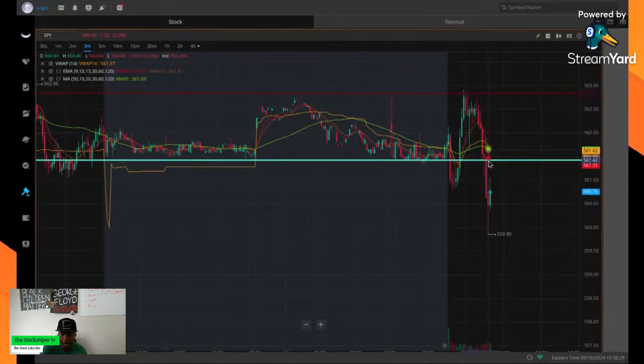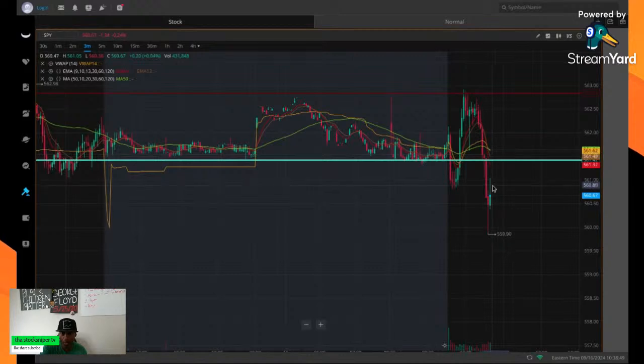This is the support, old support. I'm waiting to see if it's gonna go back up here. If not, I'm gonna erase this line and remove it, because this line right here now becomes resistance. So I will move the line.